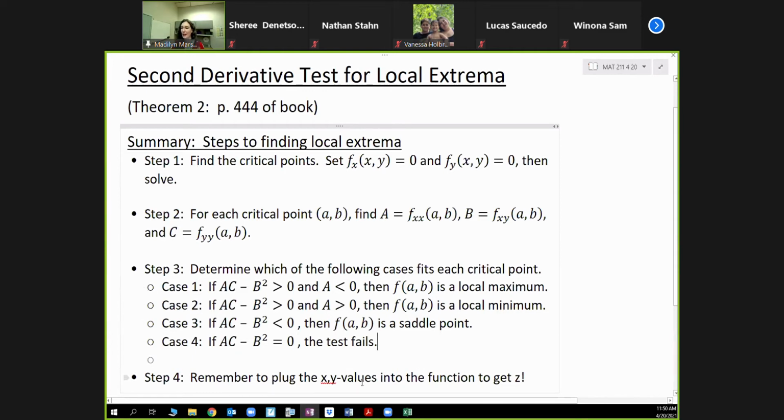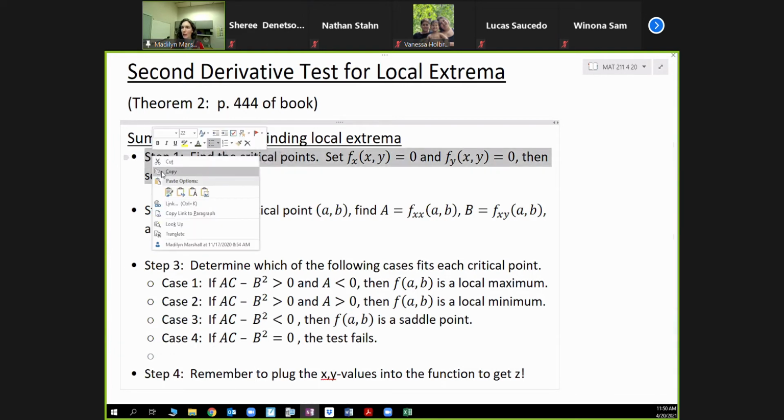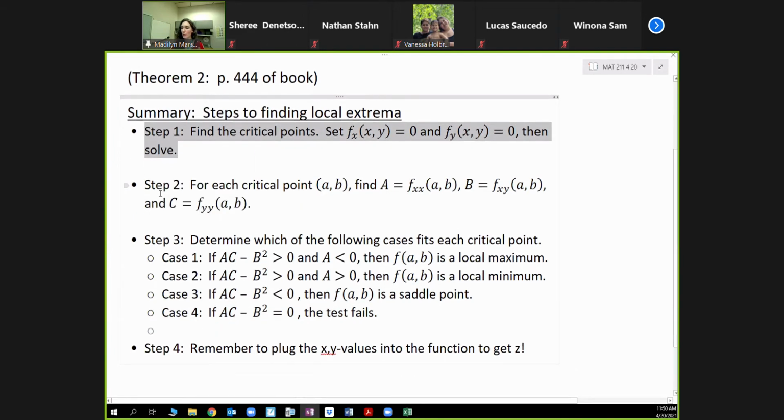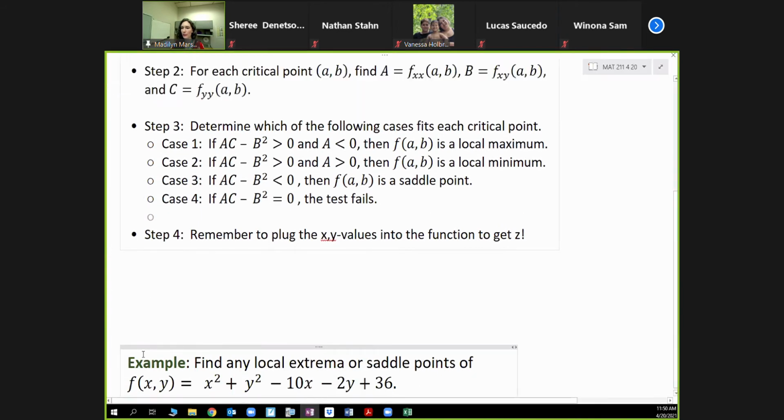And then we will plug in our values to get the z that goes with them. So right now, we're going to talk more about steps 2 and 3 when we get to them in a little bit in our example. But let's start with an example. And I'm going to copy and paste each step so that we can look at them while we're doing the example.